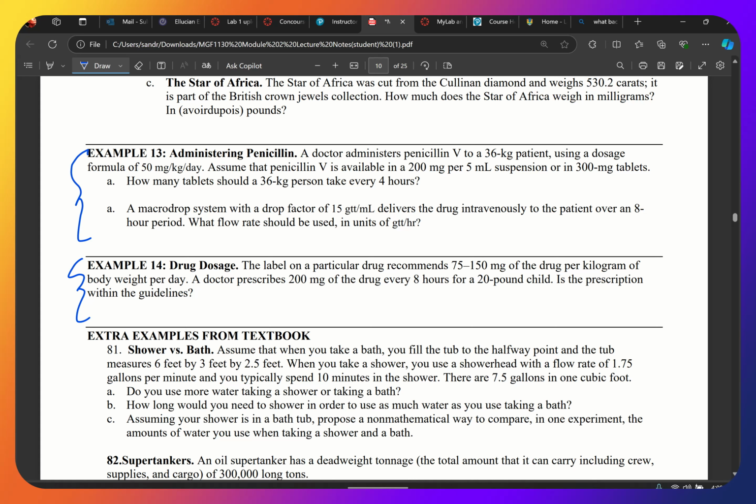All right, so we have to find the range of acceptable milligrams per day based on the 75 to 150. First thing we need is 20 pounds in kilograms. I have pounds, I need kilograms.